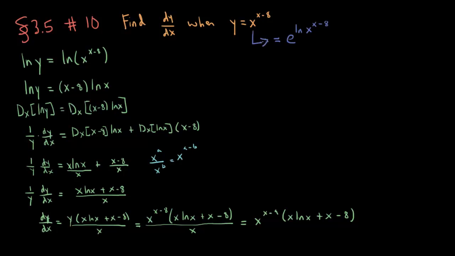So this technique is a consequence of the laws of logarithms and exponents, and it works out nicely for us. Now, why is that true? Because we can rewrite that again as e to the x minus 8 times natural log x, right?